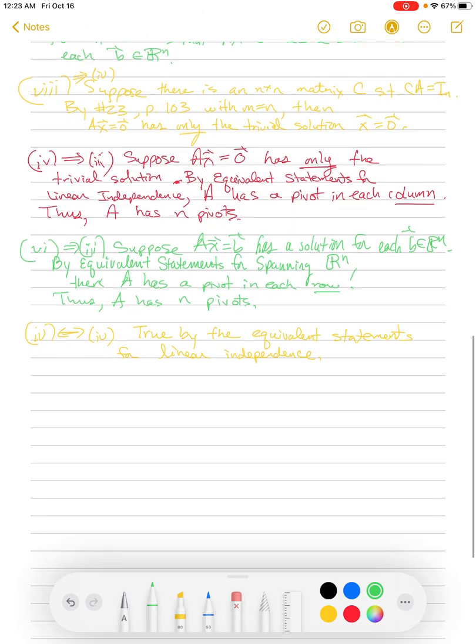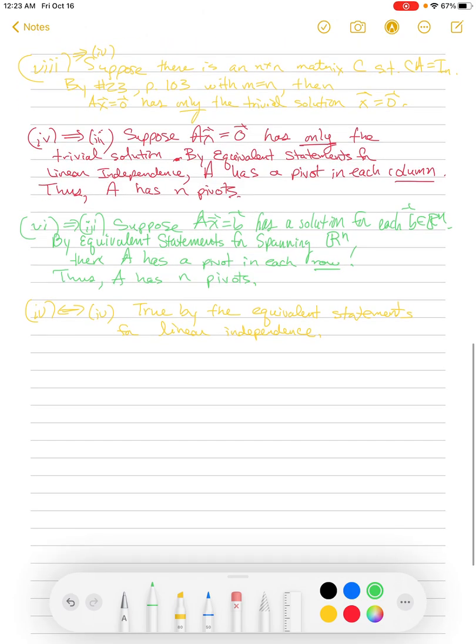So we don't even have to prove that one again like the last one. We know that's true by equivalent statements for spanning Rn.